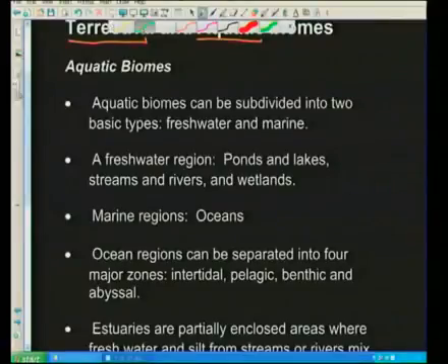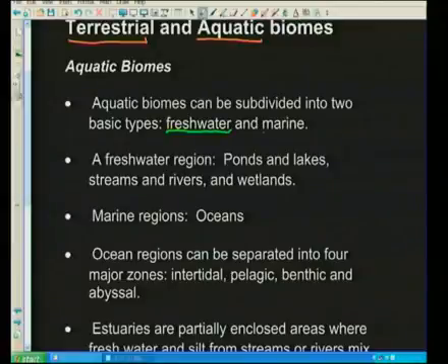Aquatic biomes can be subdivided into basic types. So we get freshwater and marine. Marine, think sea. Right, we all love the sea. Freshwater, so what is a freshwater region?